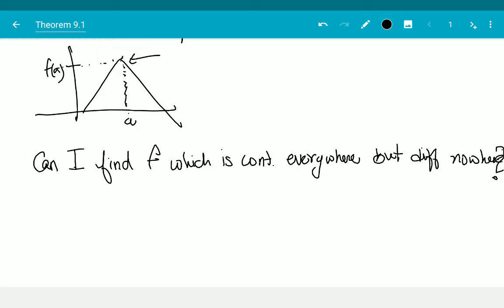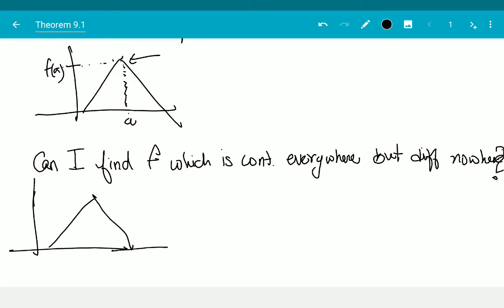Okay, and we can try. Of course, I can't really draw the function, because you will see why. So the idea is going to be like this.